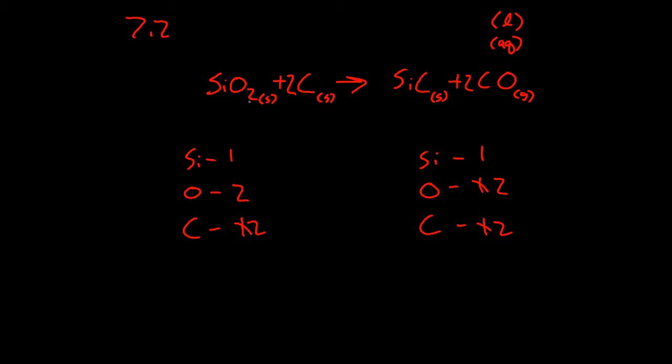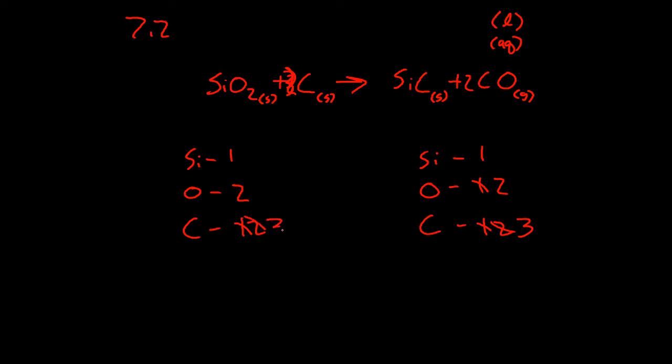Silicon is balanced, oxygen is balanced, carbon is balanced. Oh, nope, sorry. This is why you need to be very careful when you're reading and not make videos at 11 o'clock at night, apparently, because I miscounted my carbons. There are 3 carbons there, so I actually need 3 here.